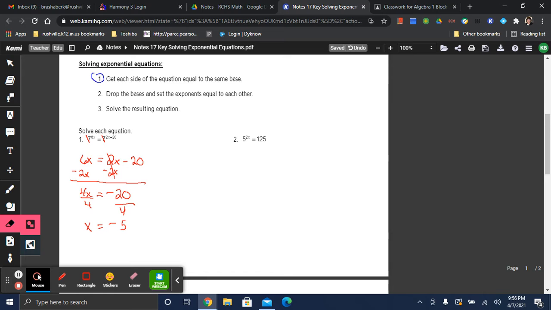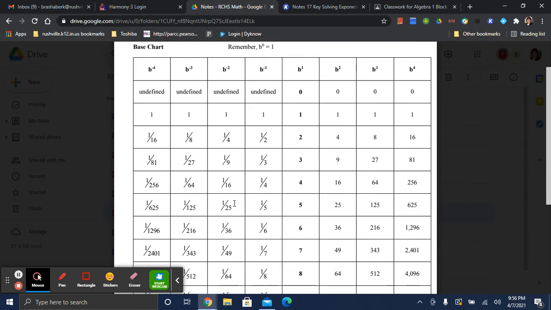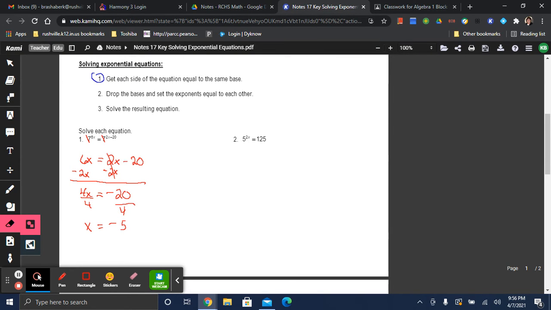So we can go to our base chart. And in this base chart, I can look to see, is the 125 in the 5 row? And it is. So I can change 125 to 5 to the 3rd power. And so that's what I'll be working on here.